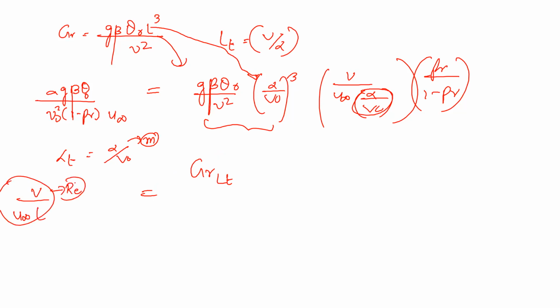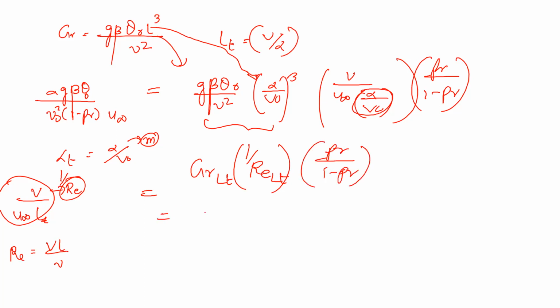Reynolds number, but the length scale is L_T, so it is actually Re_LT. But this is inverse, because 1 by Re is this value, since Re is V L by mu. So this is reversed into Pr by 1 minus Pr. That simply reduces to Gr_LT by Re_LT into Pr by 1 minus Pr.